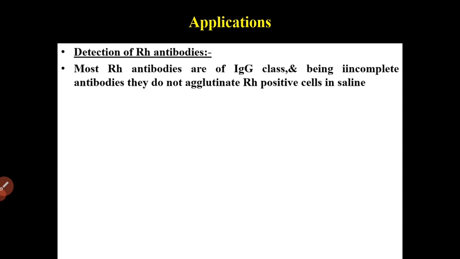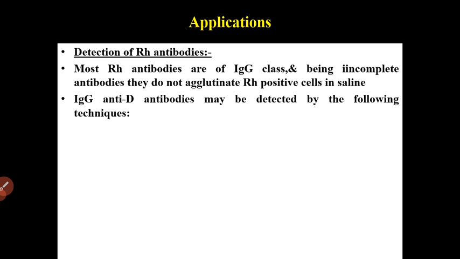Fine. So IgM class is not involved in pathogenesis of hemolytic disease. Understood? IgG class anti-D antibodies may be detected by the following techniques.